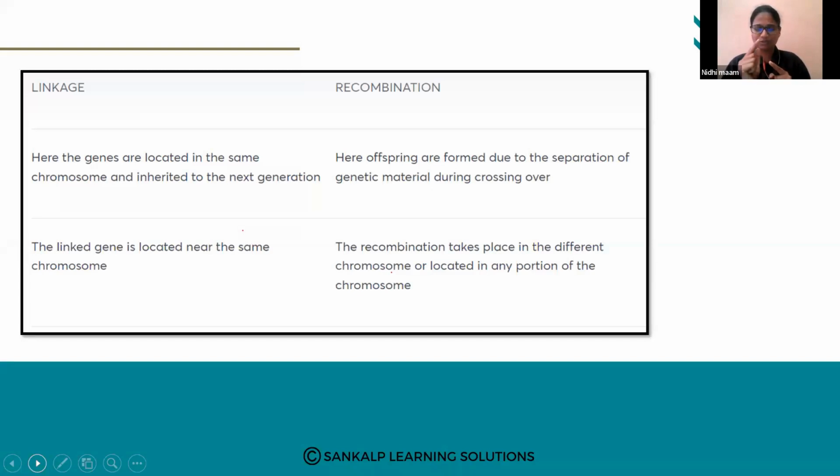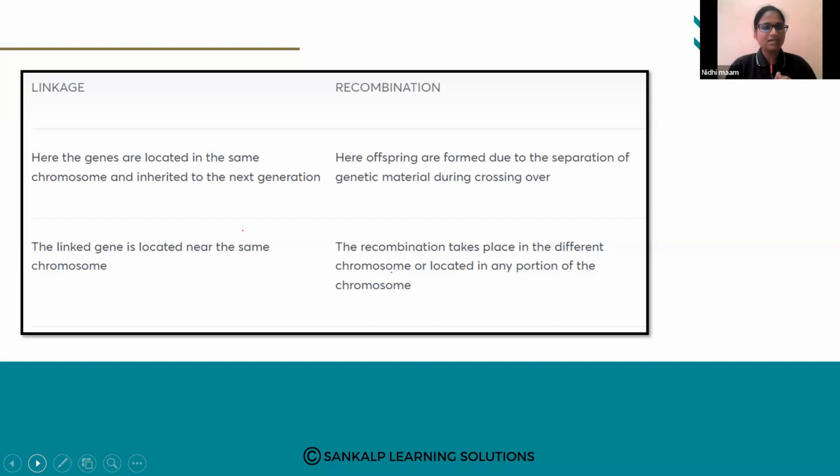The concept of crossing over comes when cell division happens, right? When a part of a mother's chromosome and a part of a father's chromosome cross over, there will be an exchange of genetic material. So that we call recombination. That is not during gametogenesis. We have to specify the word crossing over.